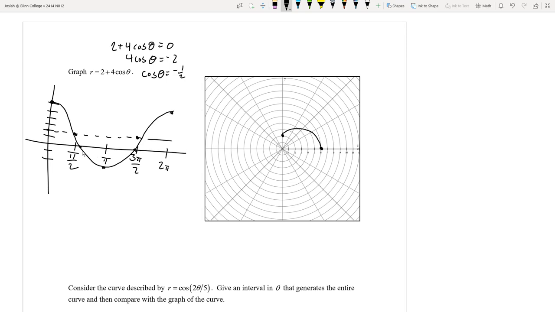We have two places that we see that happening. Looks like 2 pi thirds for this one, and this one's going to be about 4 pi thirds. So at 2 pi thirds and 4 pi thirds, we hit r equals 0.